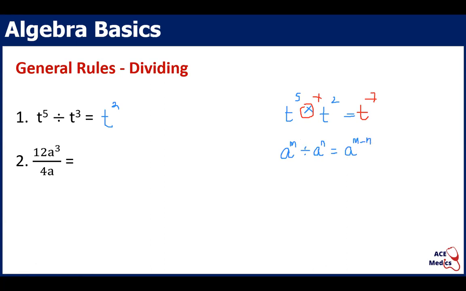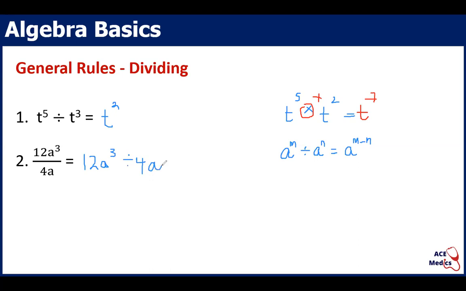Okay, brilliant. Right, that's the general rule for that. You might also see division written as a fraction as well. Don't be alarmed, that's exactly the same as putting 12a cubed with a divide sign, dividing it by 4a.